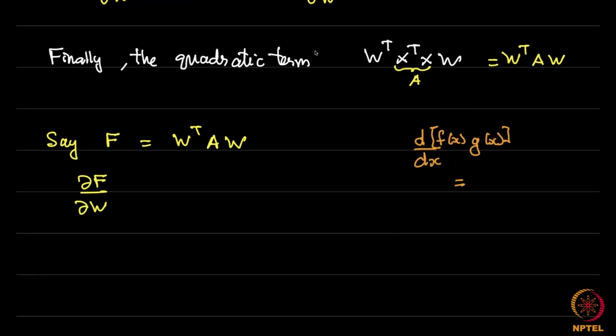So we will say something like df dx multiplied by g of x plus f of x dg dx. Okay, so the idea is differentiate this whole term assuming g is constant, then differentiate this whole term assuming f is constant, then add the two.